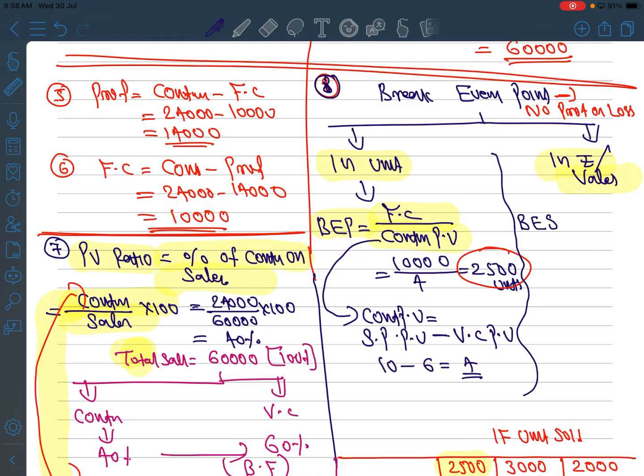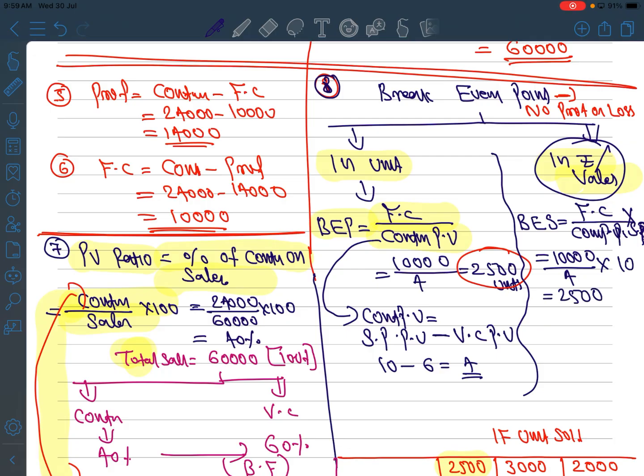So what will be the equation? Fixed cost divided by contribution per unit, into selling price. Then 10,000 divided by 4, up to this same. But here they want the rupees, so just multiply with the selling price of rupees 10. Am I correct? Yes, it will come 25,000.